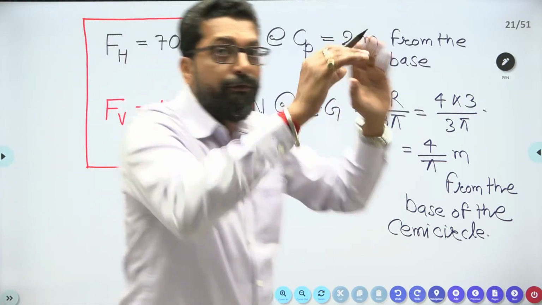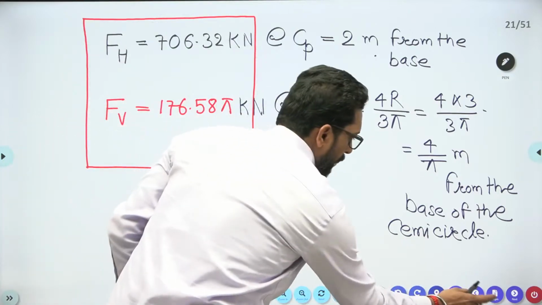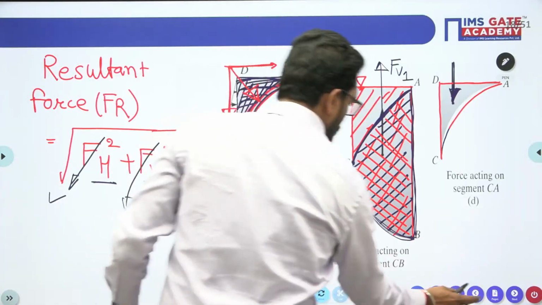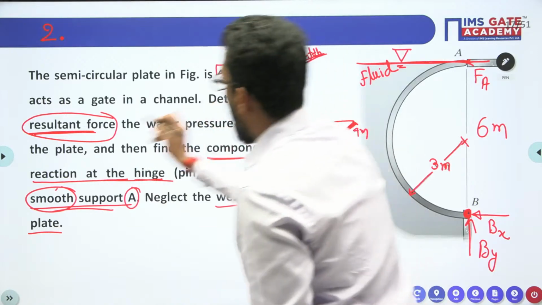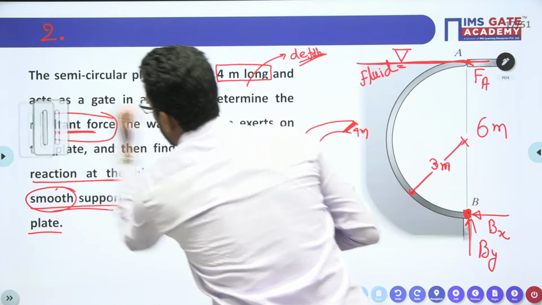Now we make a free body diagram. From there we have to calculate the resultant force.